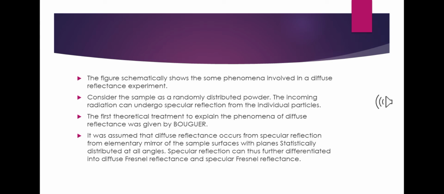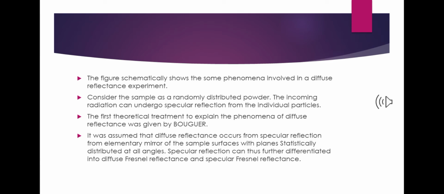Now, let us consider the sample as a randomly distributed powder. The incoming radiation can undergo specular reflection from the individual particles. The first theoretical treatment to explain the phenomena of diffuse reflectance was given by Bouguer.